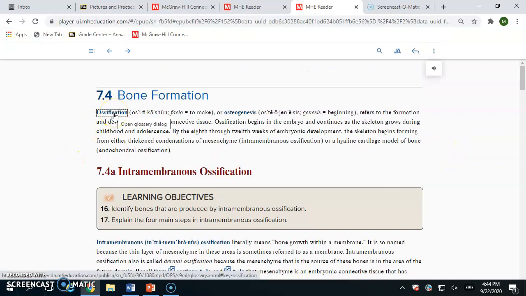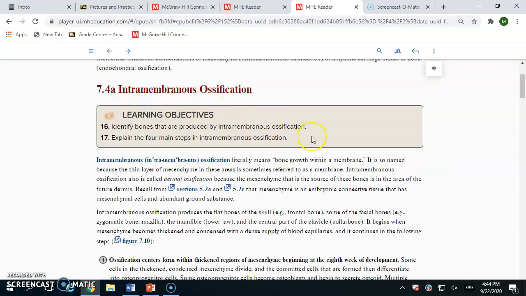Ossification is the term. There are two types that we mentioned, intramembranous ossification and endochondral ossification. Ossification, again, is that first formation of bone or connective tissue that begins when we're an embryo, and then bone will continue to form after we're born, but it starts in the embryo. When we're talking about intramembranous ossification, one big thing to know is that the framework or scaffolding for this type of bone formation is the mesenchymal tissue, or mesenchyme, that we mentioned before.